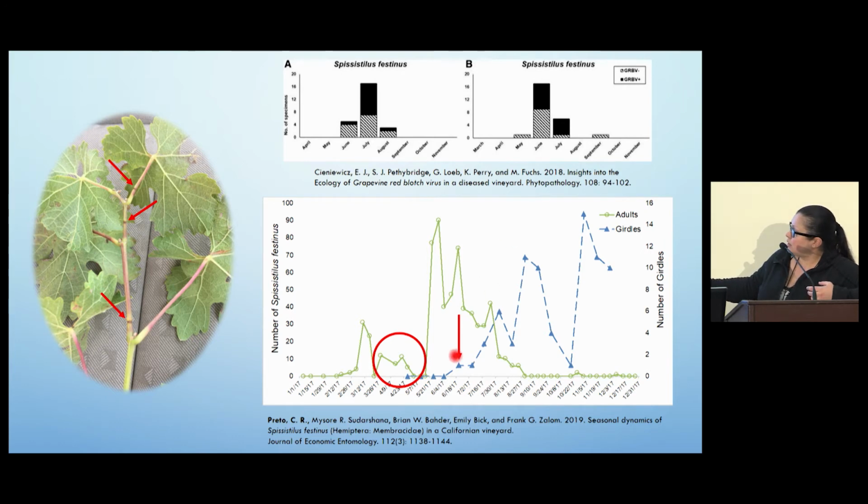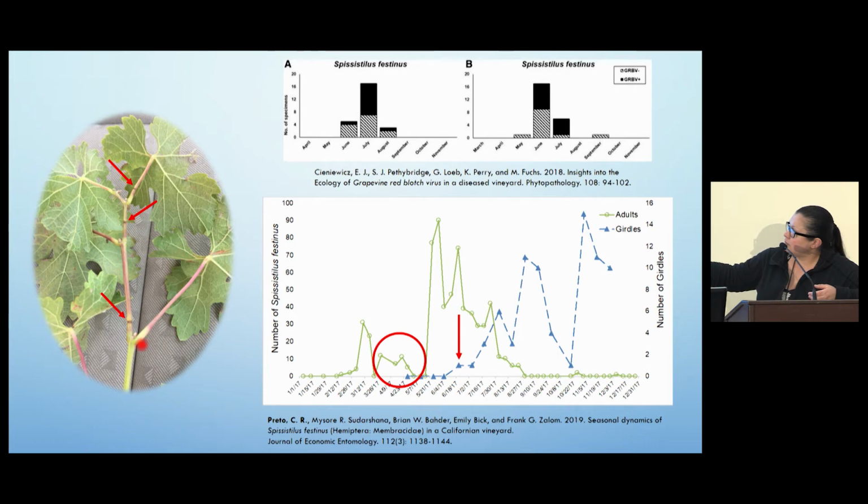And so girdling started in June, which coincided with research out of Mark Fuchs' group that showed that in June of 2 years in a row, three-cornered alfalfa hoppers started to test positive for red blotch in June. And so we showed in our research here that three-cornered alfalfa hoppers started to feed on grapevines in June. So that coincided very well.